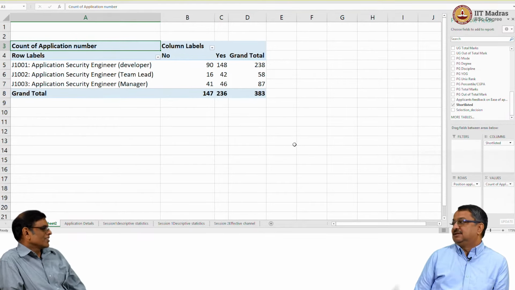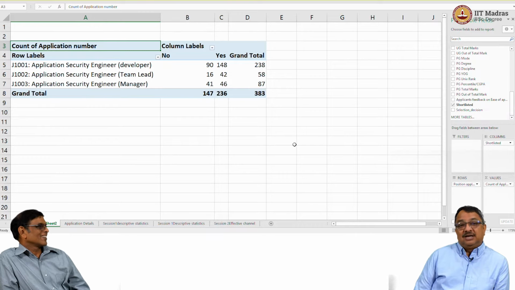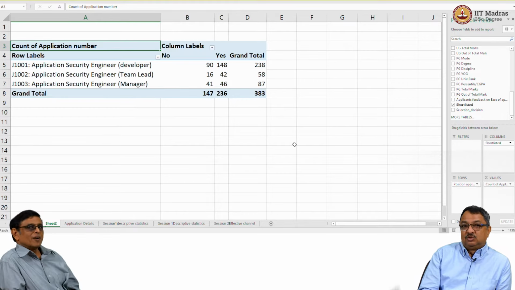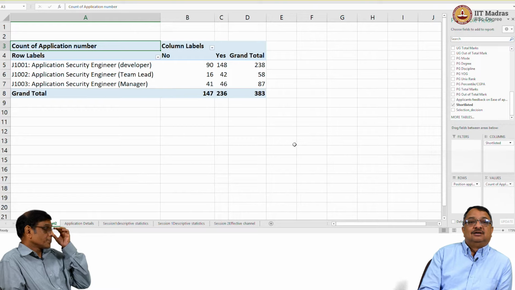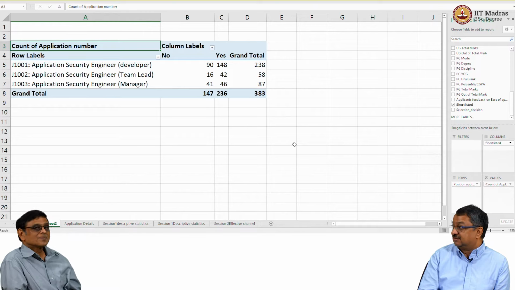For managers, you rely on interviews, so you should see how many are selected rather than shortlisted. But overall our hit ratio is not bad. Two thirds of the people who applied for developer got shortlisted, almost 80% of team leads, and 50% of managers.